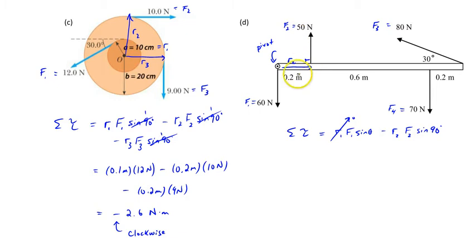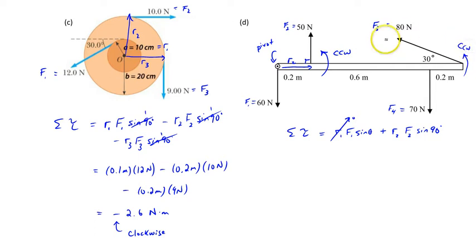That's going to be producing a torque that makes this rotate in this direction, which is really a counterclockwise direction. So that's actually a positive torque, not a negative torque. Torques that go counterclockwise are positive, and torques that go clockwise are negative. Moving on to F3, again, that's going to make this beam rotate in the counterclockwise direction.